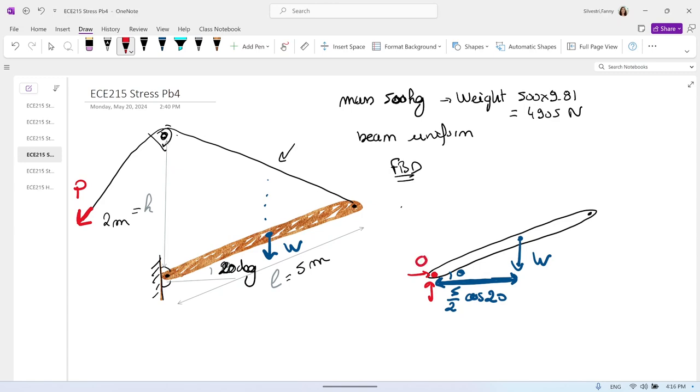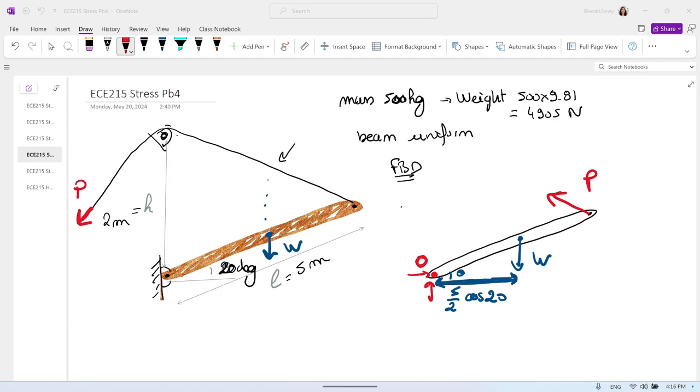Okay, let's call that moment O. And we have a force P. I call it P because it's a pulling force. I'm pulling on the cable. There's a smooth pulley, and smooth pulley means no friction, so the force P after the pulley and before the pulley is the same. That's what we know.